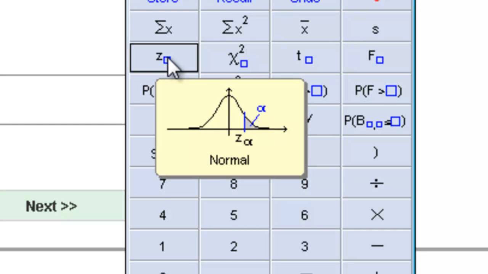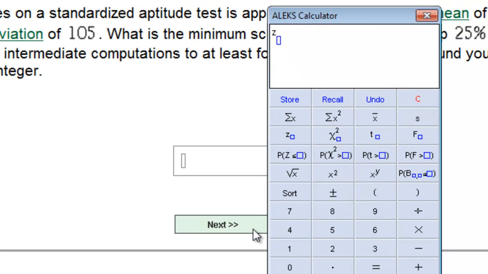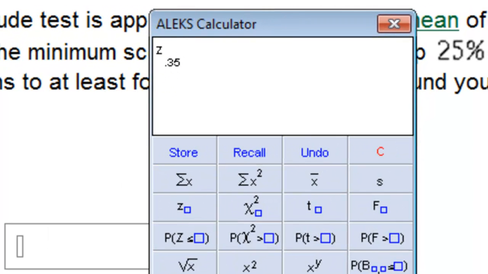So this button finds the z value that cuts off whatever you put in this box to the right of it. That leaves whatever you put in this box to the right of that z value. So if I want to find the top 35%, I would put 0.35 in the box and I would hit enter.